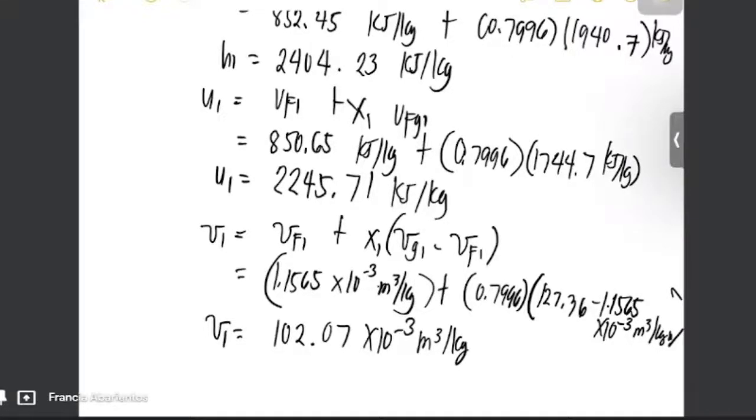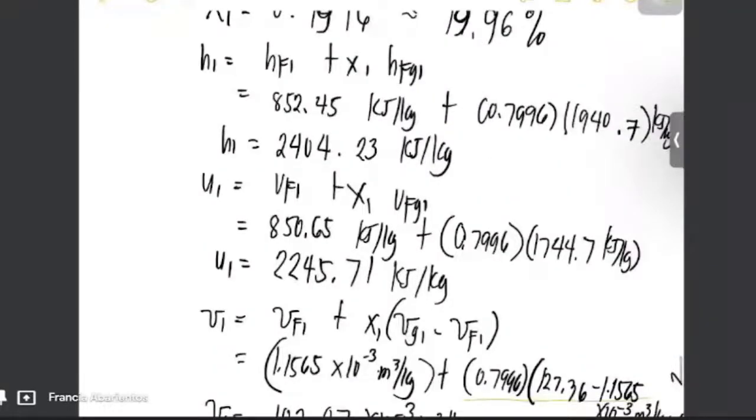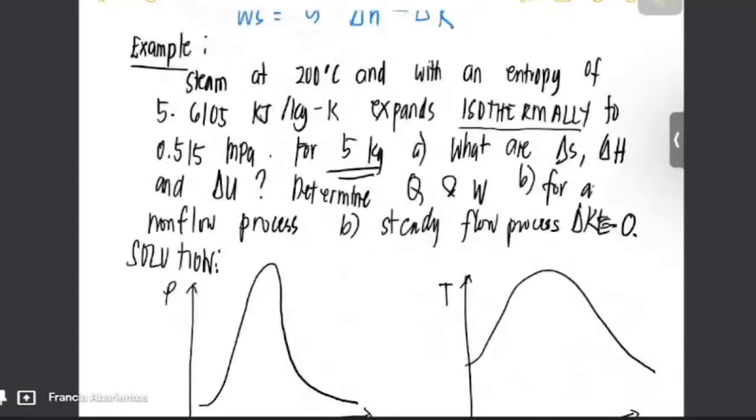Thank you, class. Nakuha ng lahat. Okay, nakuha na ba, class, lahat? So, that is now the state points at point 1. State pa lang yan. Yung final answer natin, wala pa yung pinapahanap sa problem.